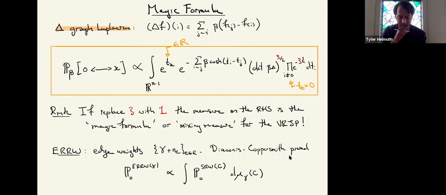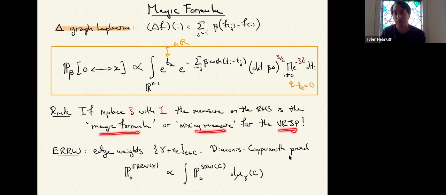Right. So like I said, we didn't guess this formula. A direct proof of this formula would be pretty interesting too. I don't know how you do that. But let me justify why it's called the magic formula. If you replace this 3 here and this 3 here with a 1, then this measure on the right-hand side is what's called the magic formula, or the mixing measure, for something called the vertex reinforced jump process.